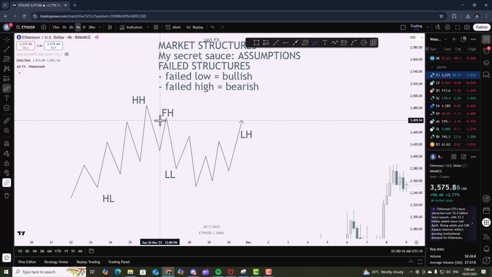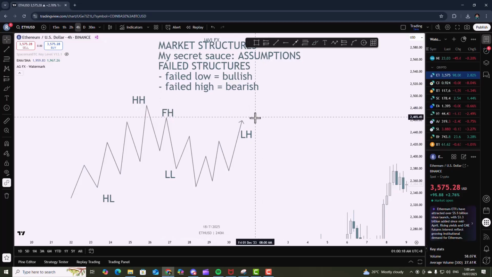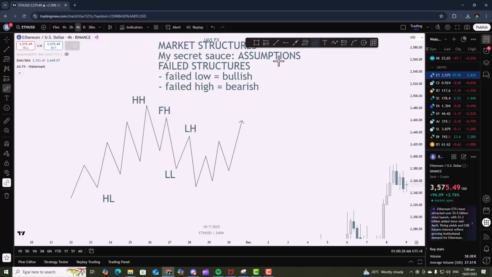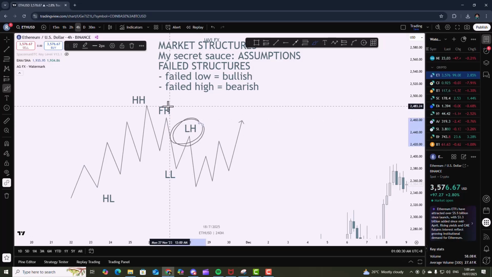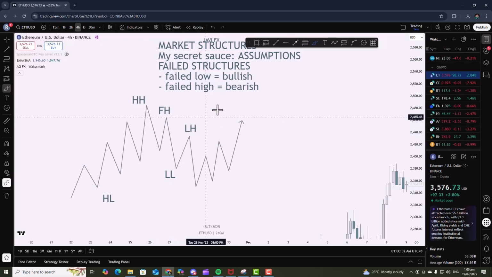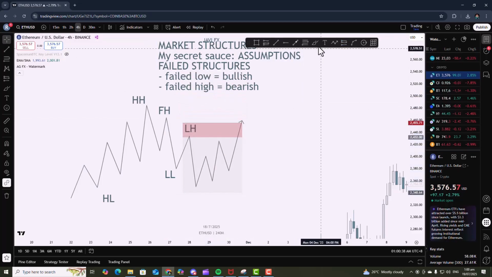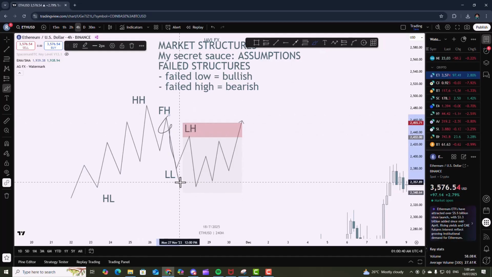So now we're starting that lower low and lower high trend, which is bearish. We're now starting the bearish trend. So we get this lower high. And based on assumptions, what if you had a short position here, because you saw this failed high followed by a lower low?